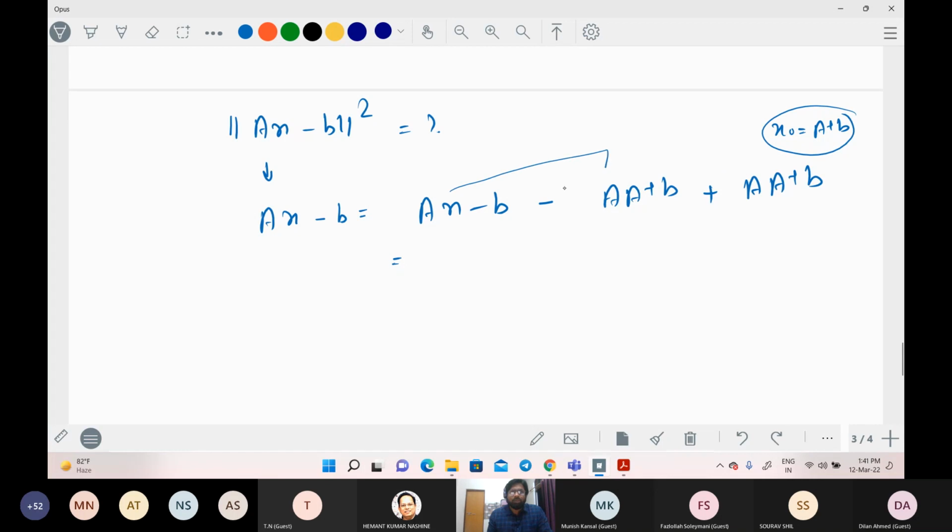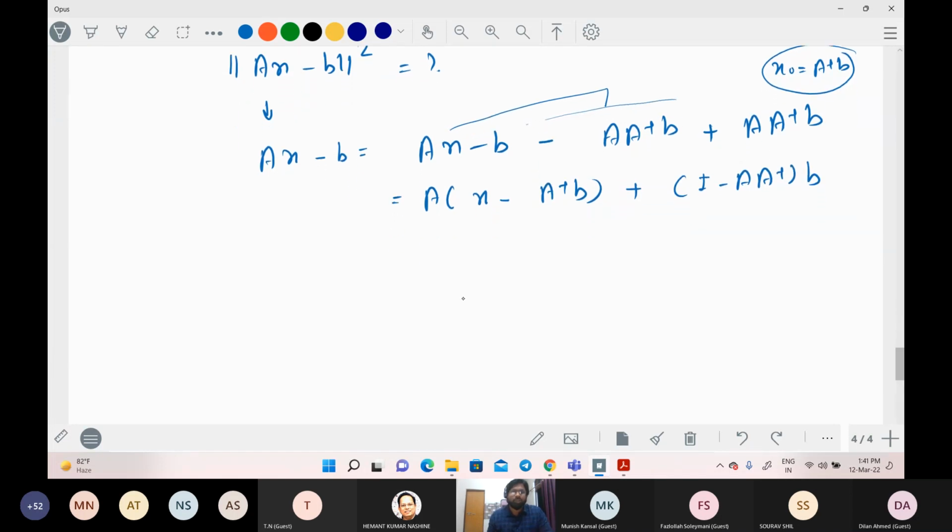So now take these two terms, Ax minus A A dagger b, and take A common. In place of this, you can write A(x minus A dagger b). And take the other two terms and take b as common. Then what you can write here is (I minus A A dagger)b. So now the Moore-Penrose inverse has also come into the picture, and this is my Ax minus b. Understand? Now consider the norm of Ax minus b whole squared. We might have studied in the functional analysis course the Pythagorean theorem.